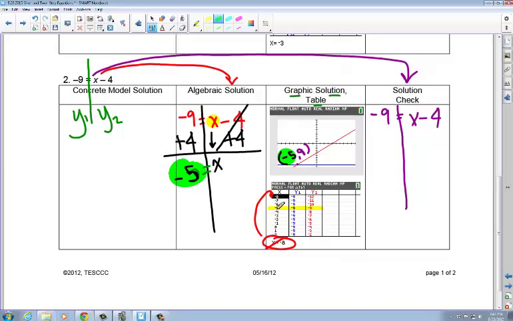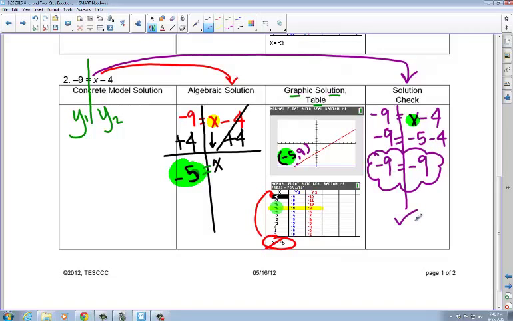So since x is equal to -5, that's where I'm going to input my number just to check to see if it's correct. So -9 equals -5 minus 4. We have two numbers that we're adding together with the same sign, so we simply keep the sign and we add the numbers. So -9 does equal -9, and we've done it correctly.